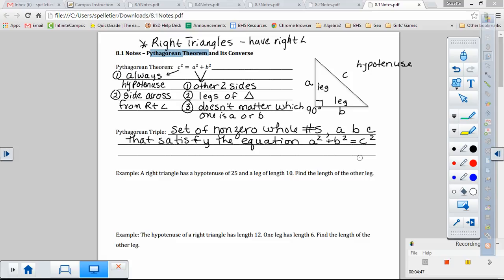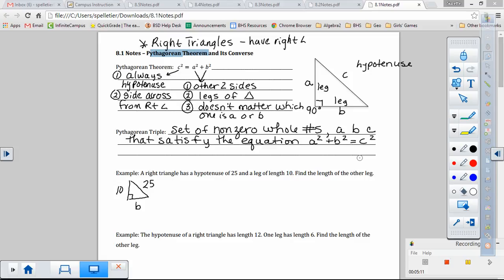So the first example says we have a right triangle that has a hypotenuse of 25. So you just kind of draw out a little rough triangle over here, put your right angle in. Hypotenuse is 25. I know that is always the side across from my right angle. And a leg of 10. Find the other leg. So I just threw 10 in place of where a would go, and I threw b over here. If you want to put 10 where b is and then find a, it's the same thing.